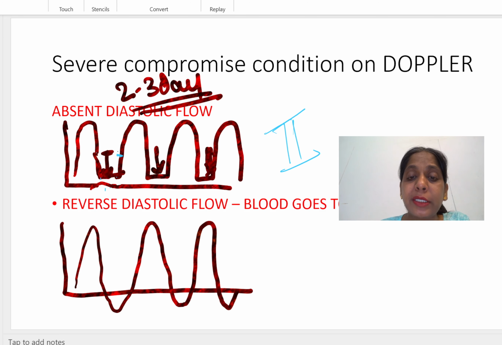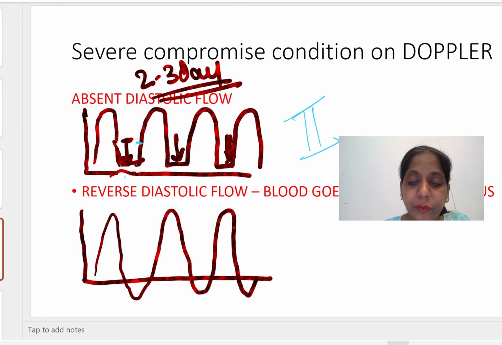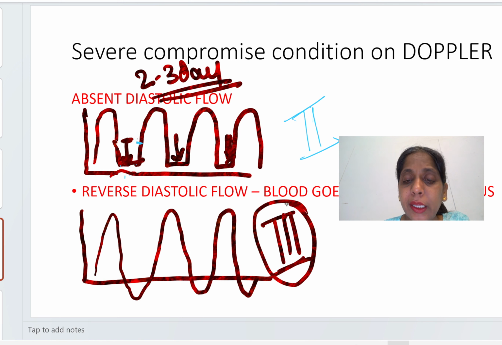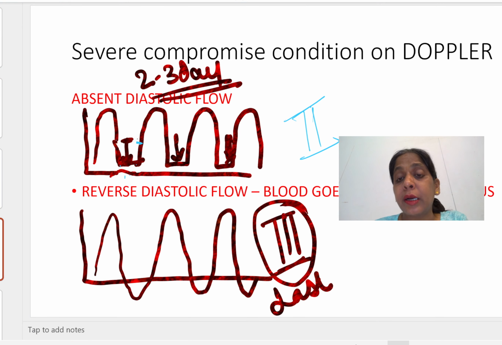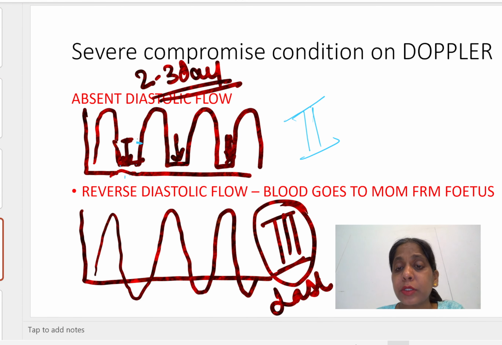So now the third stage is this, and the last. What is happening here is that rather than being absent, it has reversed. Now the blood flow is going to the mother. Initially the blood was coming from mother to fetus, and now from the fetus the blood is going to mother. So now this is the last stage.